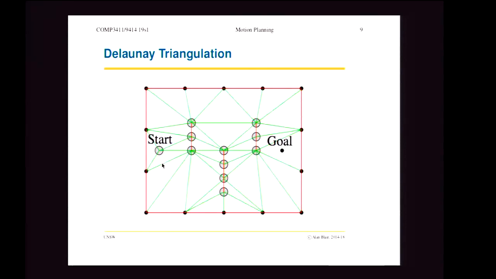That's not quite what we want for the robot, because the robot can't literally go in this direction and then suddenly change to that direction. We really want a smooth path.